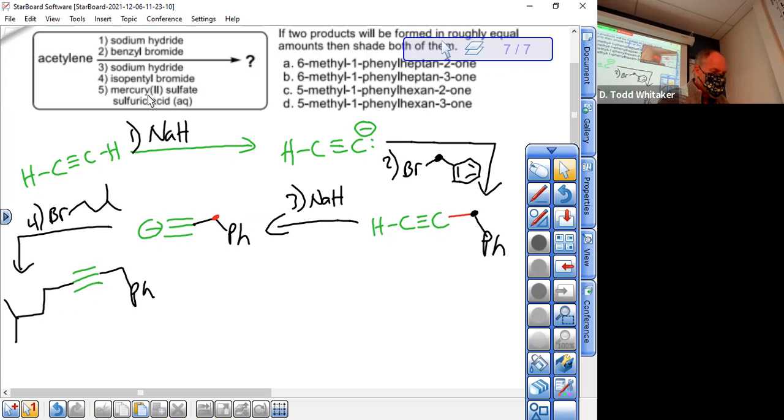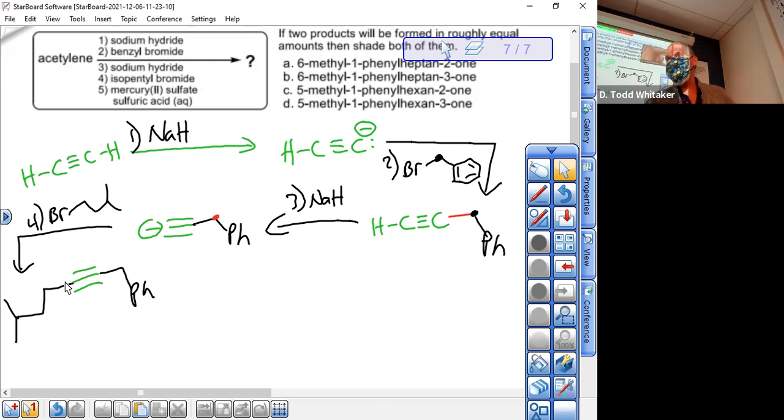You can hydrate alkynes 2 ways. Mercury sulfate way or HBSia, taken twice way. When it's an internal alkyne, it doesn't matter which way, you're going to get ketones times 2 both times. Ketone on the right, ketone on the left.